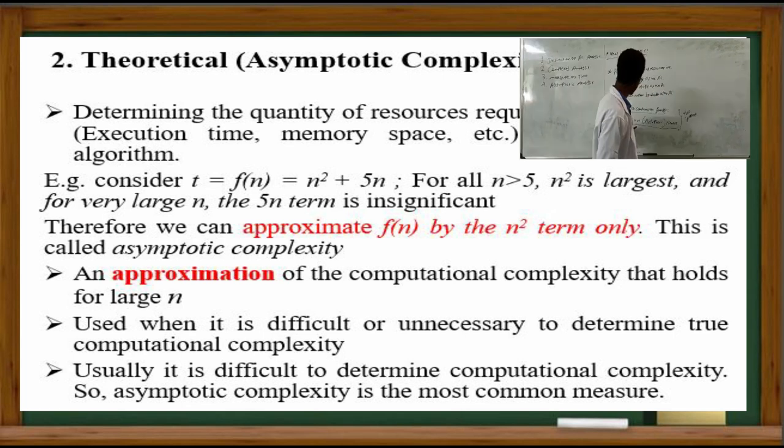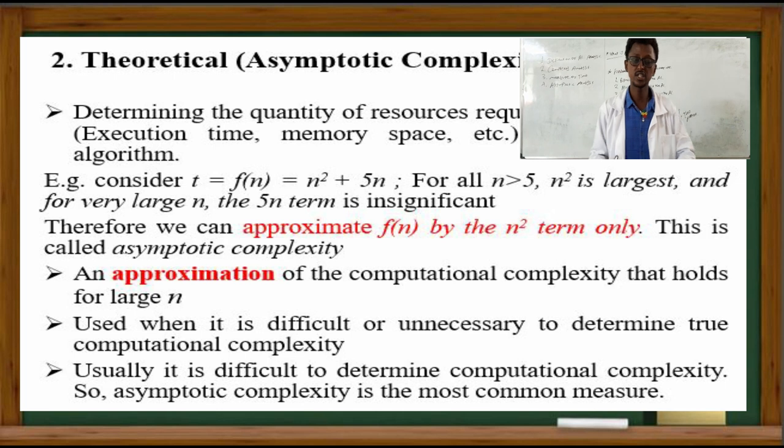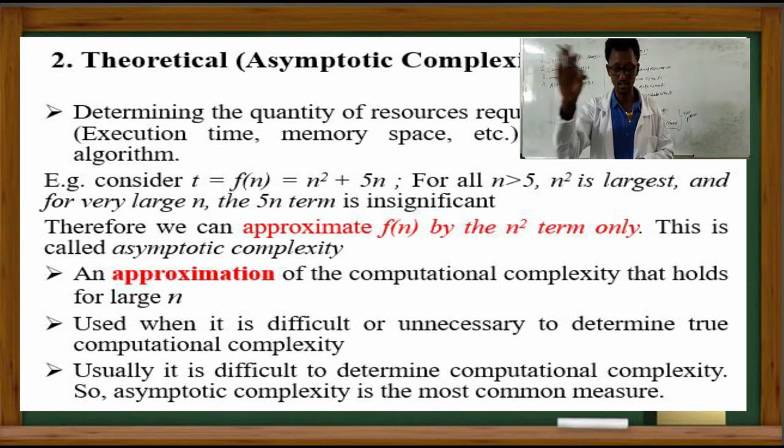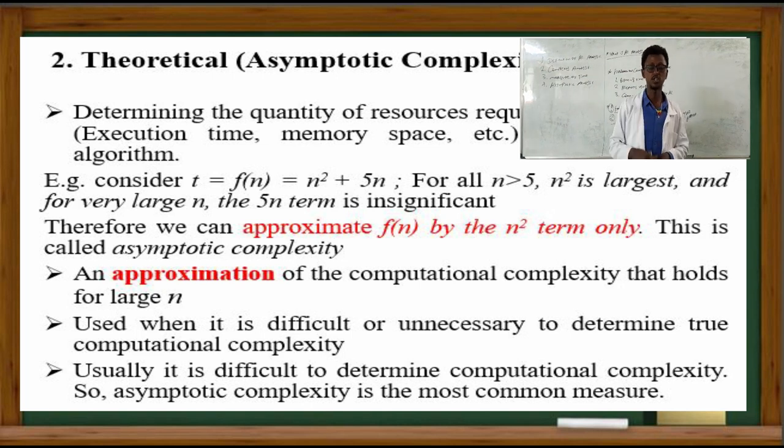So what is the meaning of the second one, or how do we measure the time complexity of an algorithm using theoretical asymptotic complexity analysis? It determines mathematically the quantity of the resources required, like execution time and memory usage, that is, how much is needed by each algorithm. This is how the theoretical or asymptotic complexity analysis works.